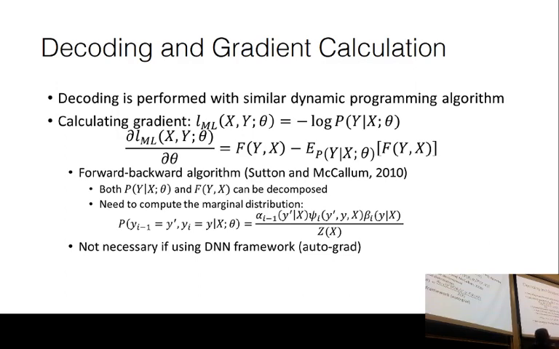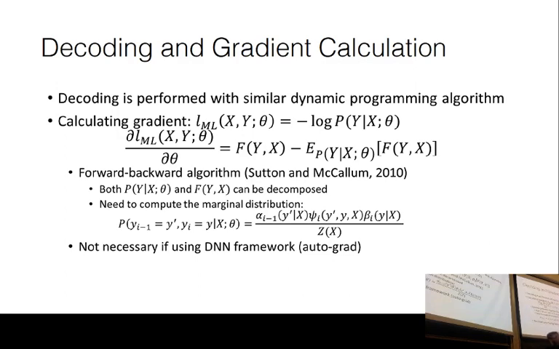So if you do the forward, if you do the backward, and you define the marginal distribution for each transition from y_{i-1} to y_i, which we have already seen how to do with the forward and backward, then you can just say, okay, now my loss is 1 minus that probability.